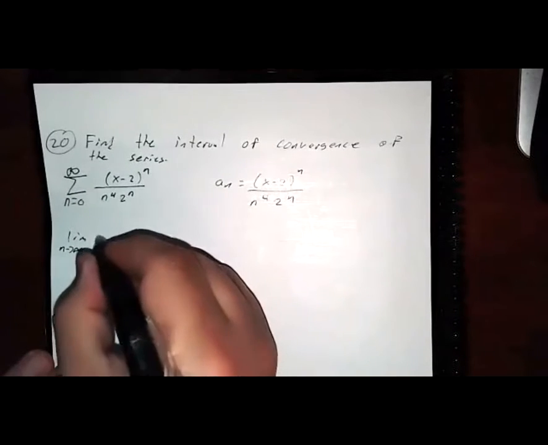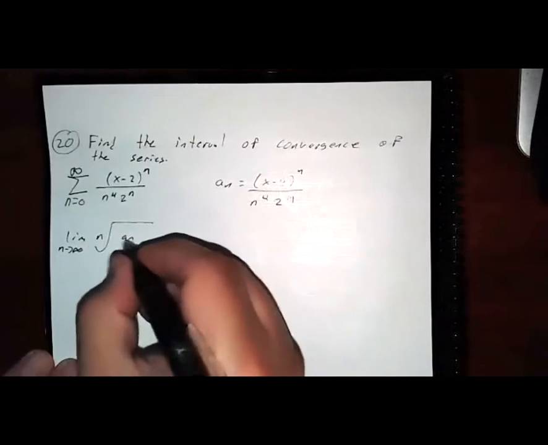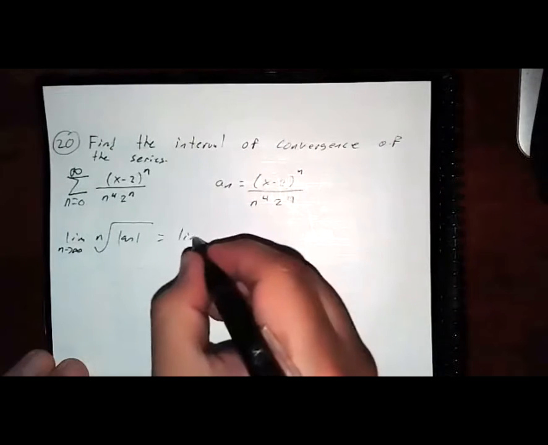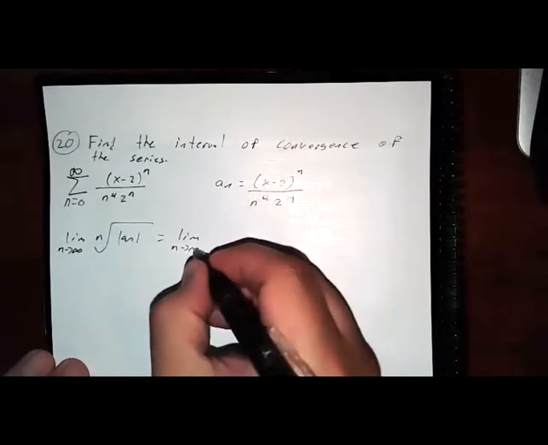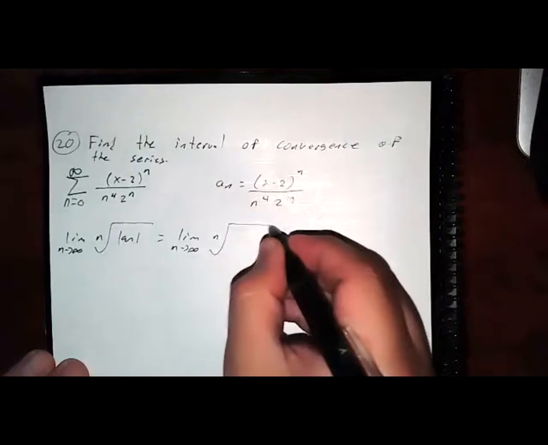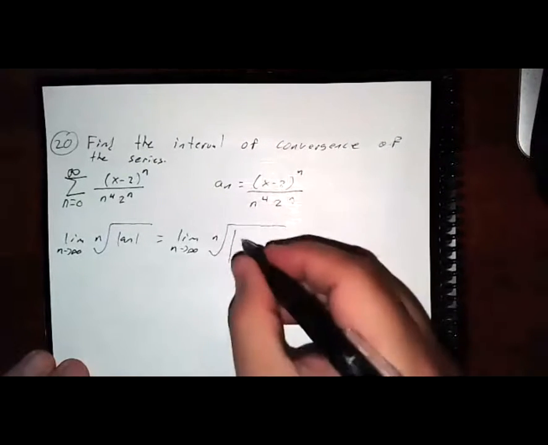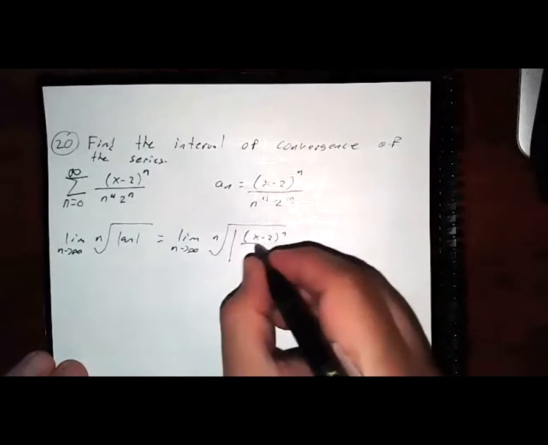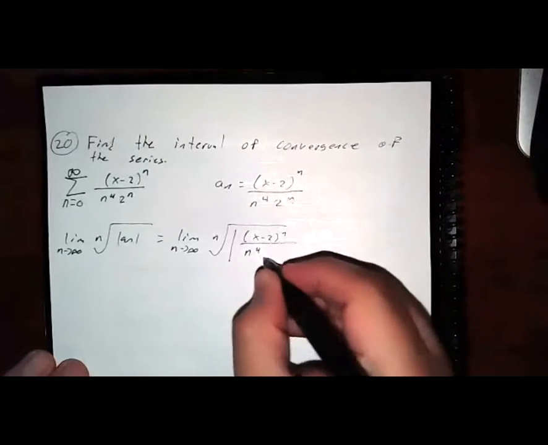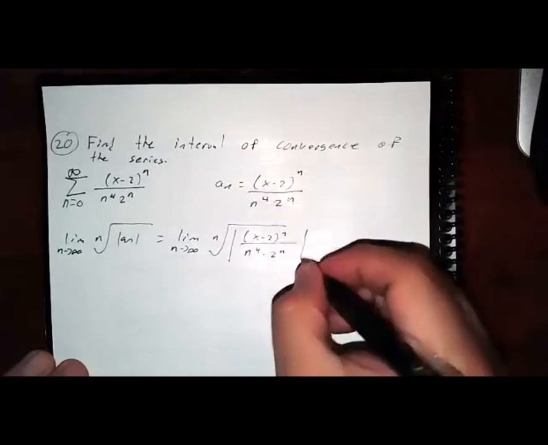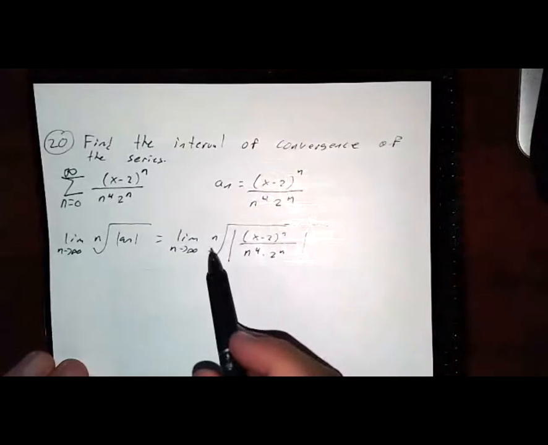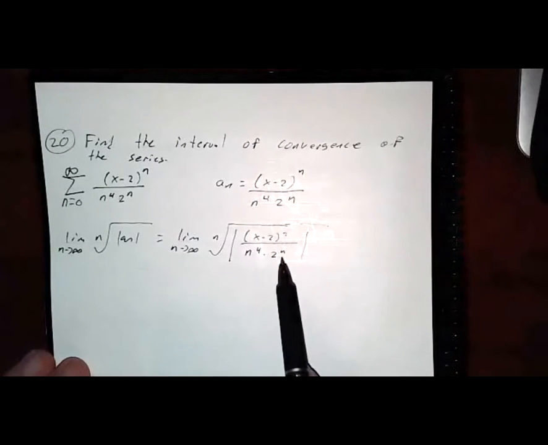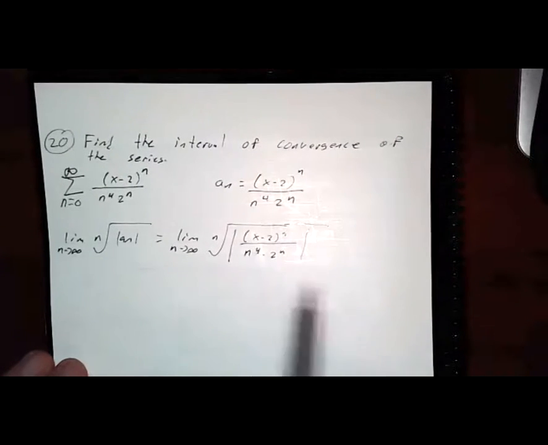So start the root test. The limit as n goes to infinity of the nth root of a sub n is equal to the limit as n goes to infinity of the nth root of the absolute value of x minus 2 to the n over n to the 4th times 2 to the n. The nth root is going to cancel this n and that n, but we'll just deal with the 4.